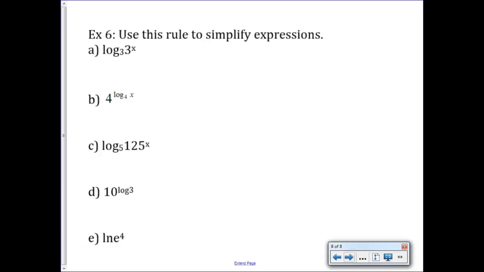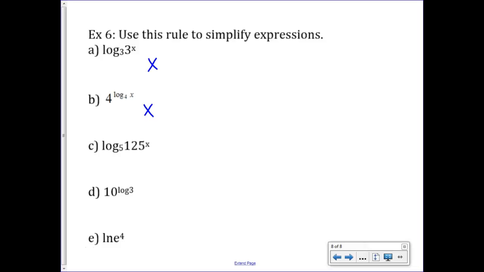So I have log of 3 to the x base 3. When I see that, I know that everything in there will cancel out and we're left with just x. And then I have 4 to the log of x base 4. I know that everything in there cancels out except that x. Then I have log of 125 to the x base 5.